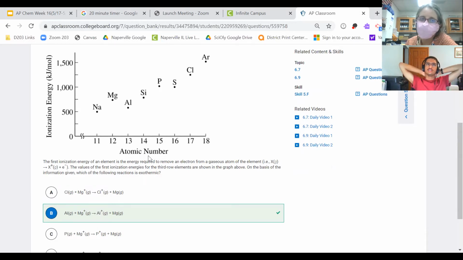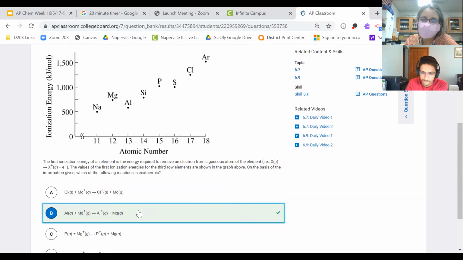So write out the equations and see if that makes more sense to you. Aluminum going to aluminum plus is going to require, let's say, 700, while magnesium plus to magnesium is going to be, let's say, 750.